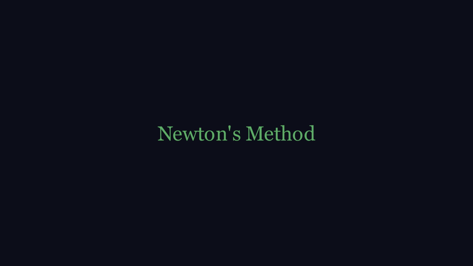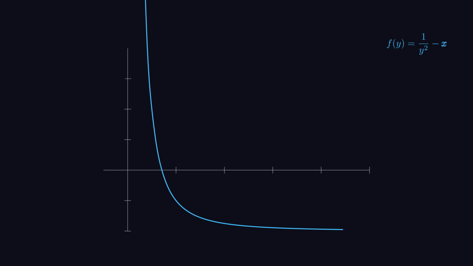97% is good, but Quake needed better. Enter Newton's method. Newton's method is a calculus trick to find the roots of an equation. We start with our 97% accurate guess from the magic number. We draw a tangent line at that point and find where it intersects the x-axis to get an even better guess.